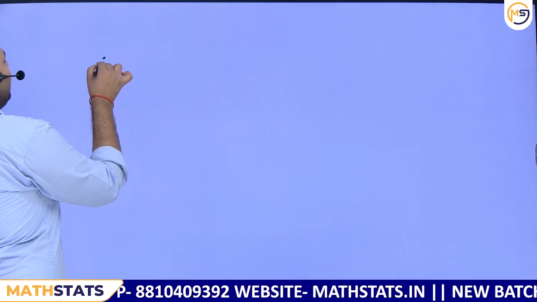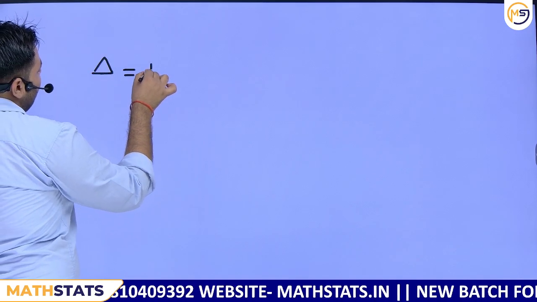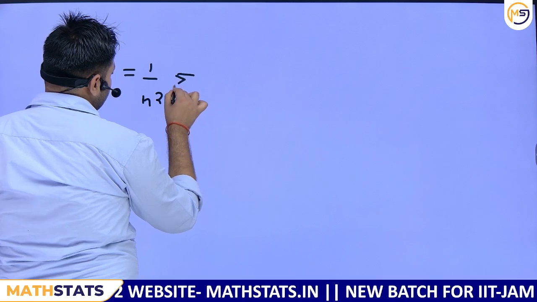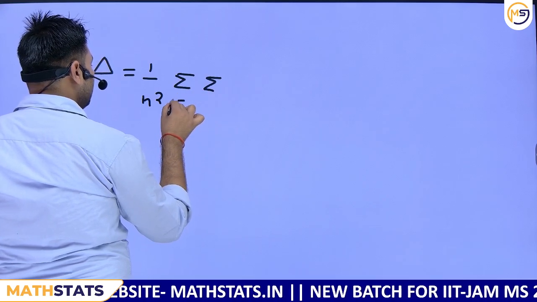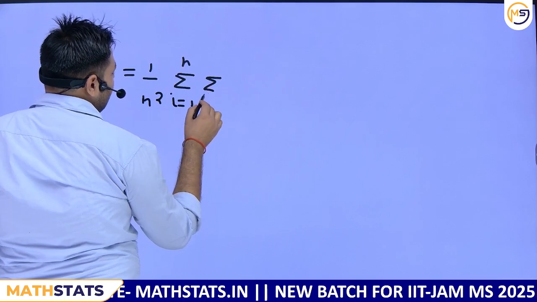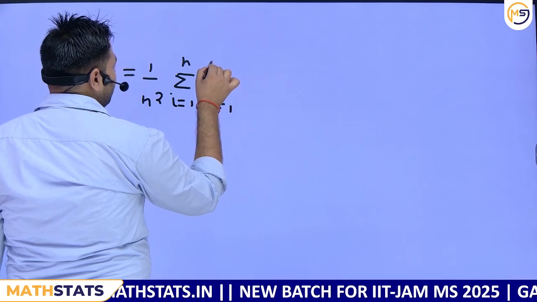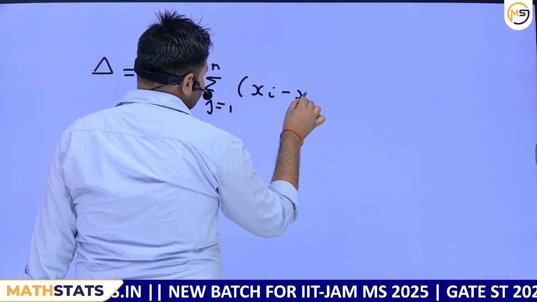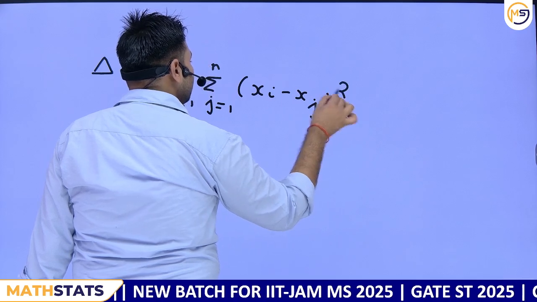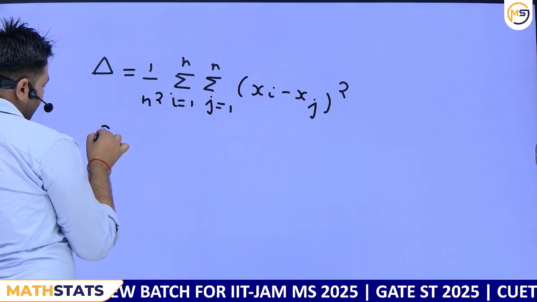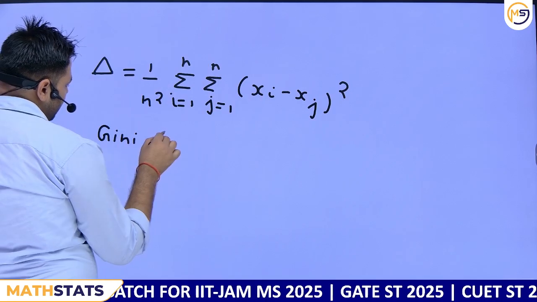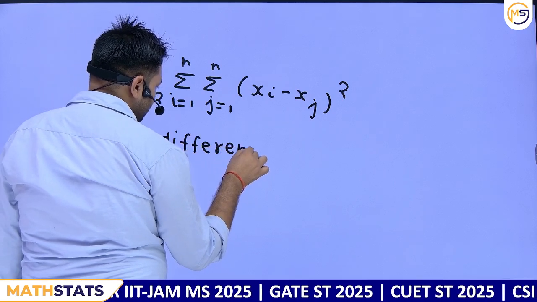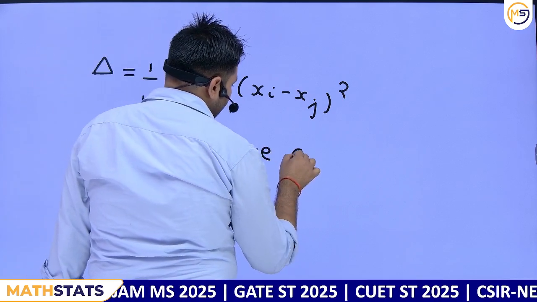Suppose we define a measure delta equal to 1 upon n square, summation i equal to 1 to n and j equal to 1 to n, xi minus xj whole square. Then this is called Gini difference measure.